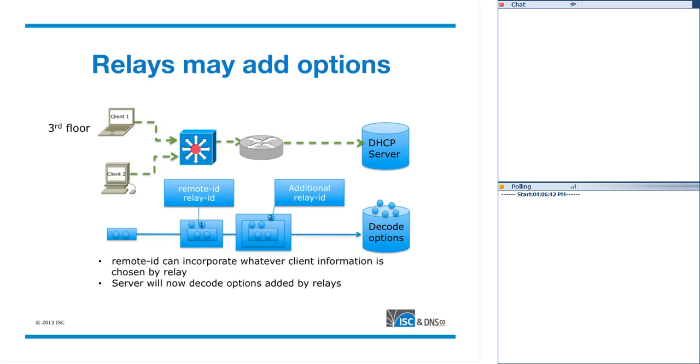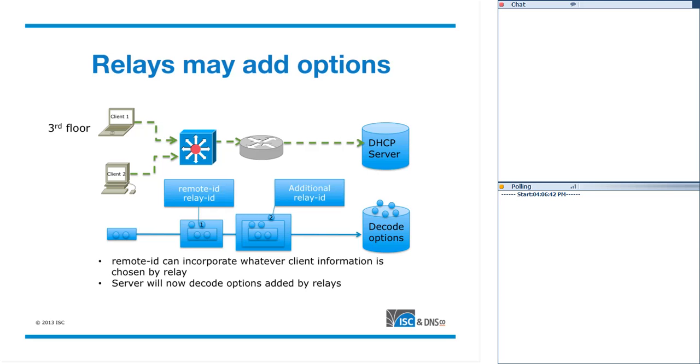The basic problem that we are addressing in 4.3 is while we did decode all these options, we did not make them available to the administrator to do anything with. So in v4, you could use a relay option to make a decision as to what information you'd hand out. In v6, we didn't give you the capability of getting to that information. So we've now added a new option to allow you to specify which of the relays you want and which of the options you want.